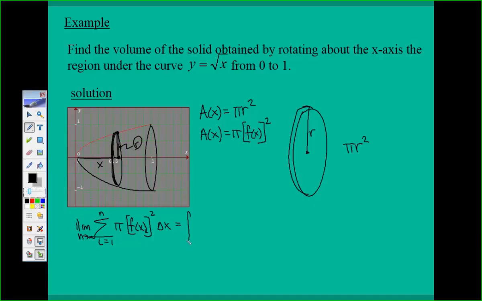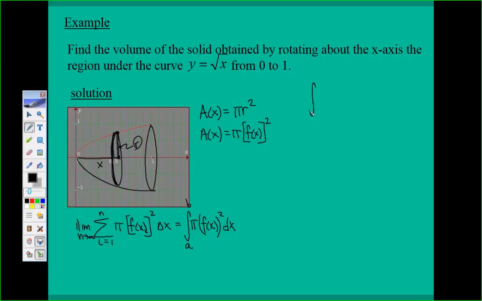Written as an integral, we would have from a to b pi f of x squared dx. So that gives us a general formula to find the volume of this irregular shaped object by taking the integral.